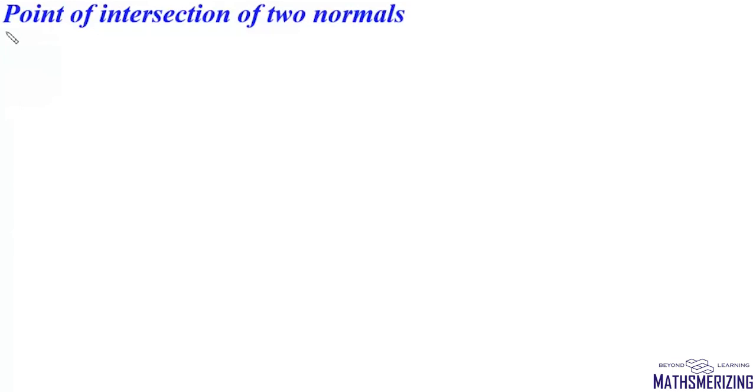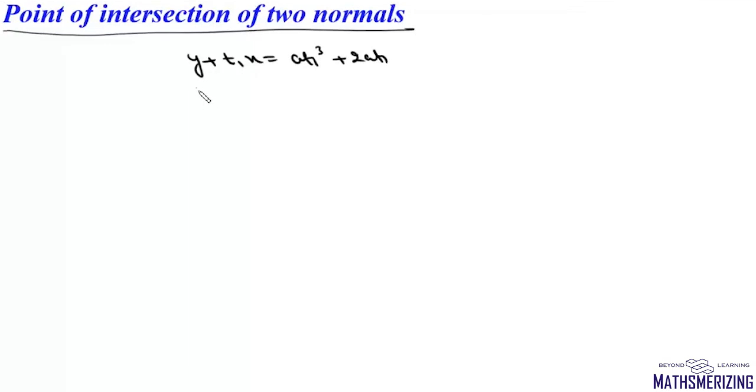Now in this video we'll need to find the point of intersection of two normals. We know that the equation of normal to a parabola, we can write it as y plus t1x equals a t1 cube plus 2a t1, and we can write the other equation of normal in terms of parameter, say t2.